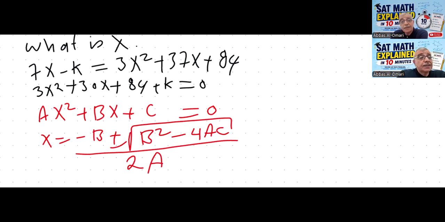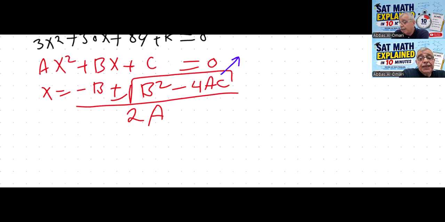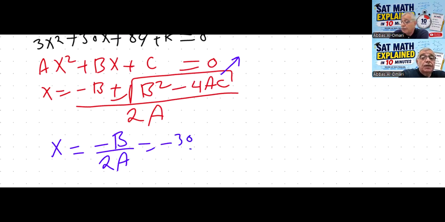Now the question gives us that there's only one solution. So that means the discriminant is 0. So the solution is x equals minus b over 2a, where b is 30, over 6. 2a is 6.